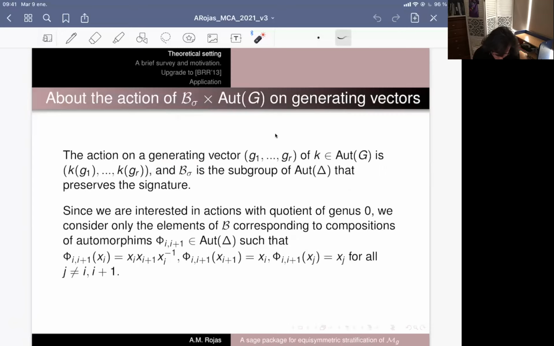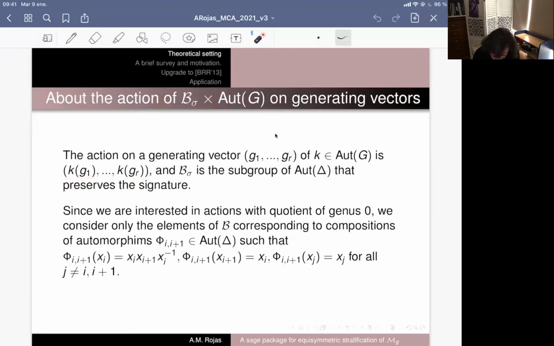Roughly, the action of this part, which is the external and internal automorphism group of G, is as it should be on a generating vector, and this part is a subgroup of the automorphisms of this Fuchsian group delta.